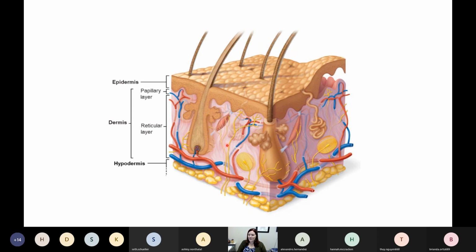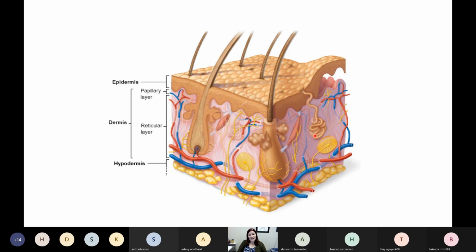These that I see on my hairs, and I see them over here as well, these are sebaceous glands. Sebaceous glands make sebum. Sebum, the stuff that we have too much of, right? When we have acne, we've got a buildup of sebum, this oily stuff underneath our skin. So sebaceous glands attach to the hairs.